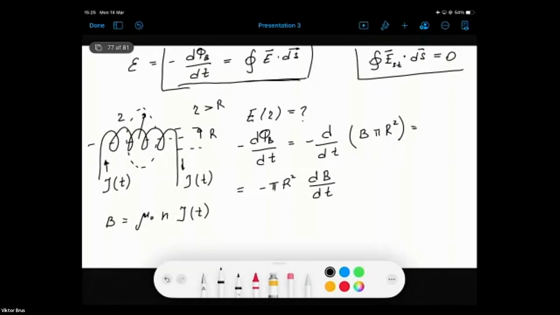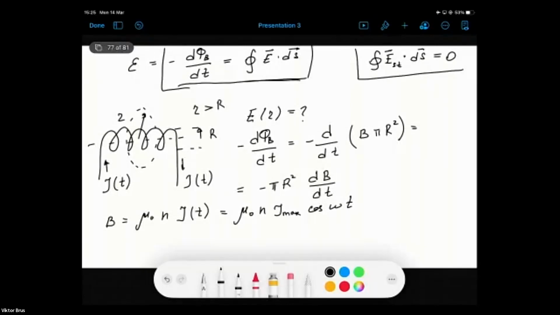To be more specific, we need to define this function. Let's say we have mu naught times n times some I maximum times cosine omega t. That is how the electric current flowing through the solenoid depends on time. It's a periodic function, cosine omega t, and I max is the amplitude, the maximum value of the electric current.